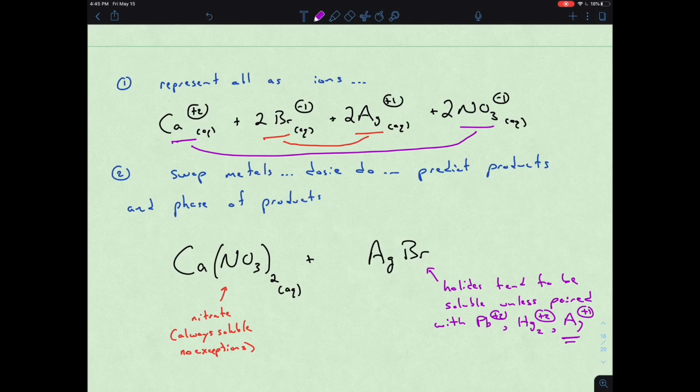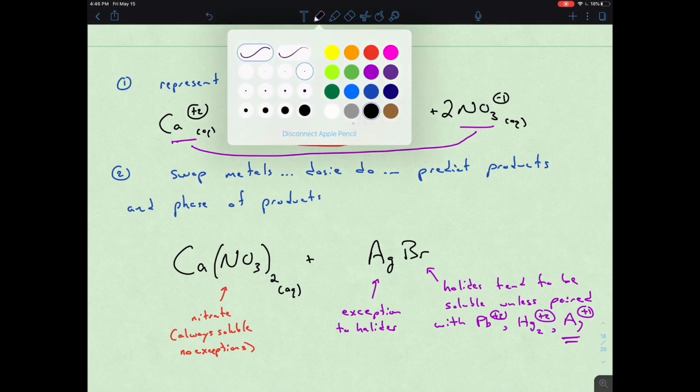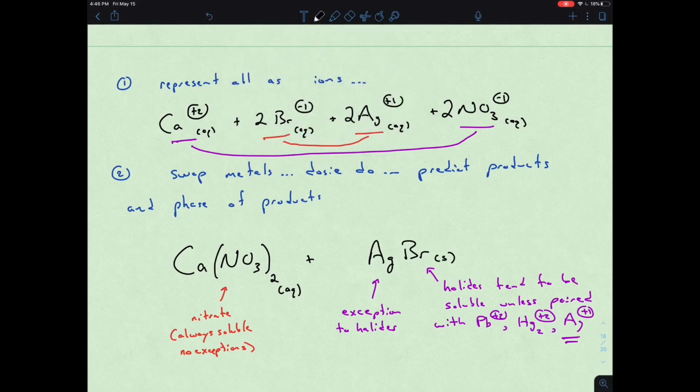And so there we see the silver +1. That's our exception. And so as a result of that exception, we're going to see it as a solid product. And so there's our reaction.